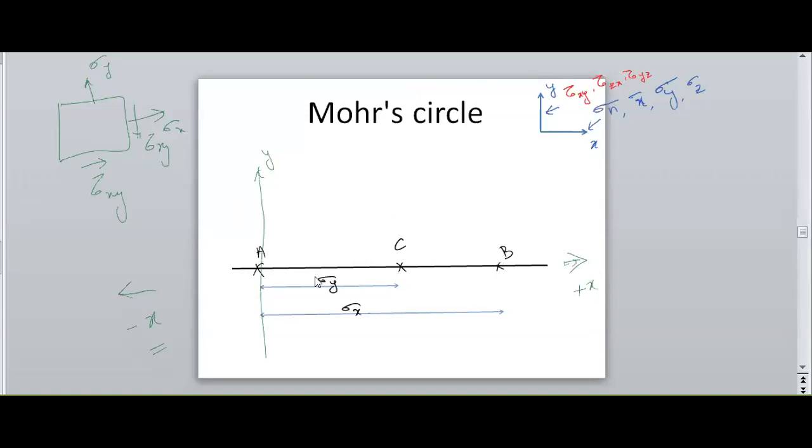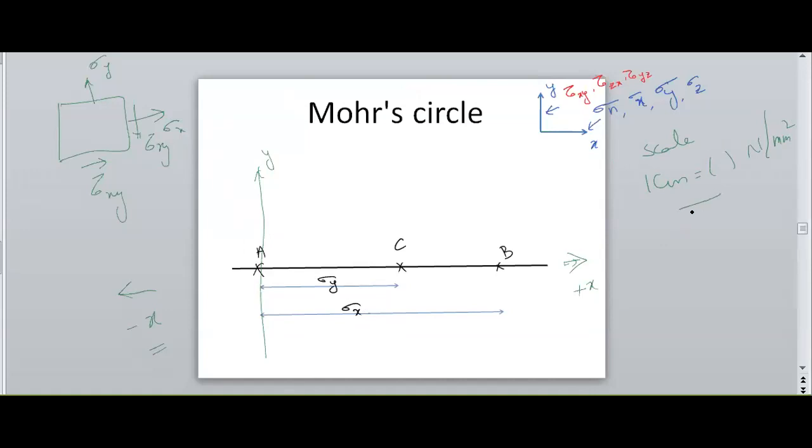So now I need to take the sigma x magnitude in proper scale. It is a graphical method, so I need to consider a scale, that is 1 centimeter in the scale is equal to some constant in Newton per mm square.